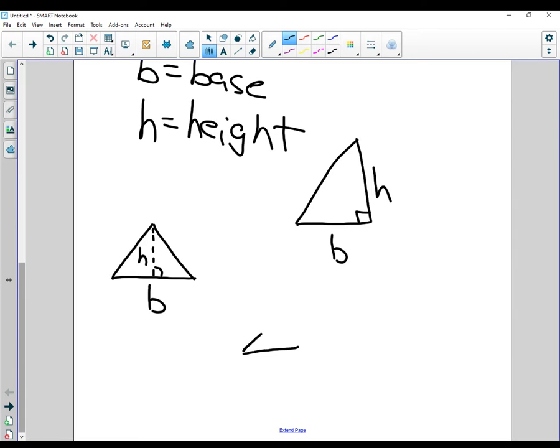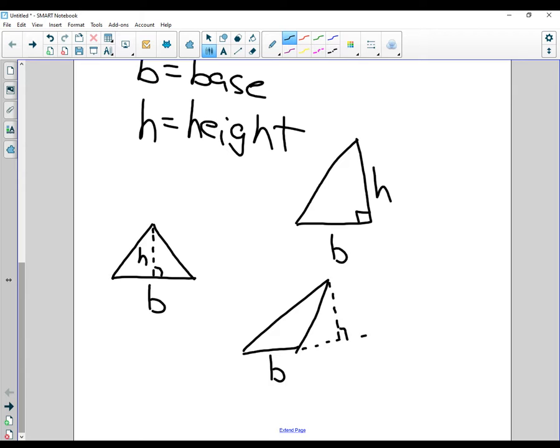So if you had a triangle maybe like this, your base would be here, right? But your height wouldn't be one of these two, nor would it be something in the middle like that, but it would be from the highest point to where it would have a right angle, maybe if this continued, right?